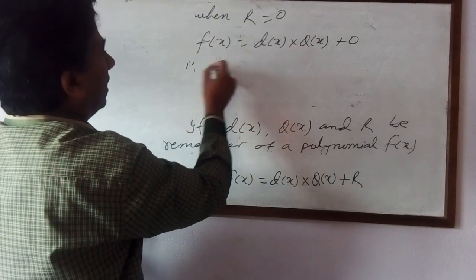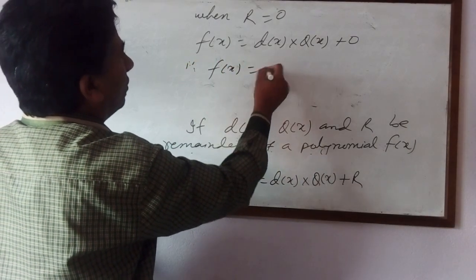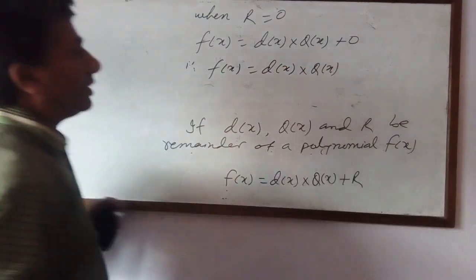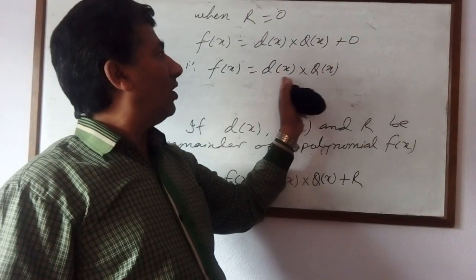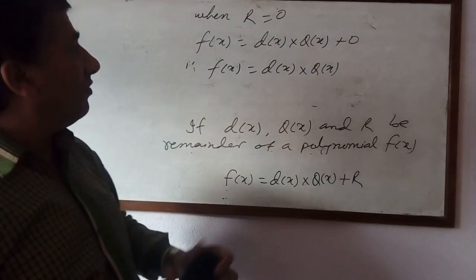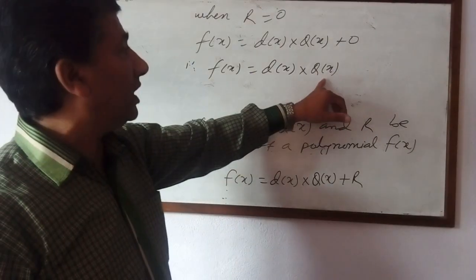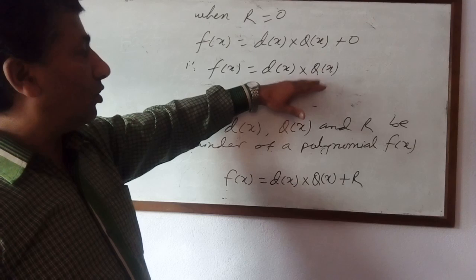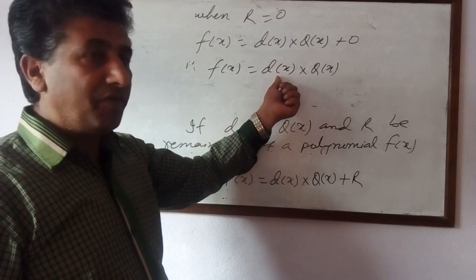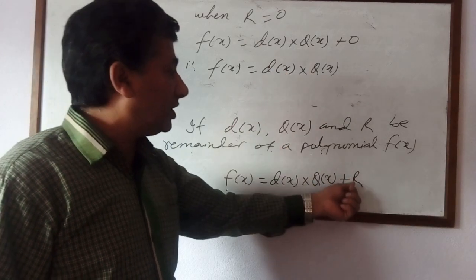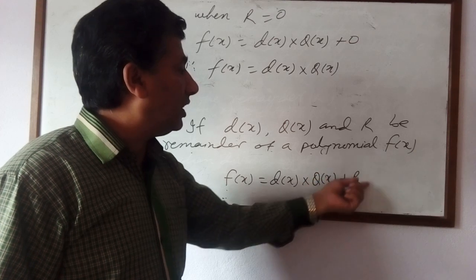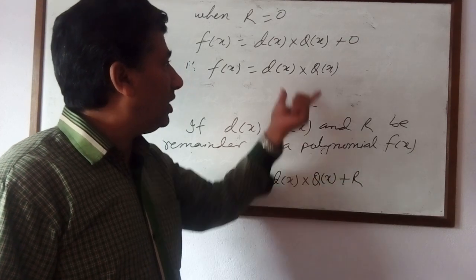That is, fx equals dx times qx. Now see, when r equals 0, only these two, divisor and quotient, will be there as factors. There is a multiplication sign between them. This is the proof of why the divisor will be a factor. When the remainder is 0, this term will not be there, and when we remove it, then these two will be factors.